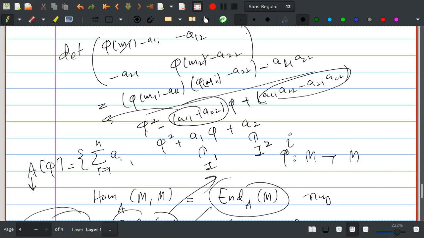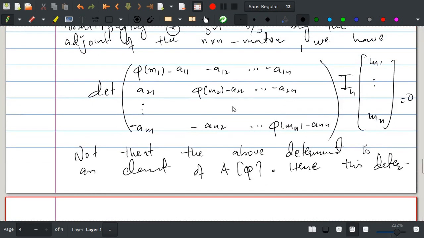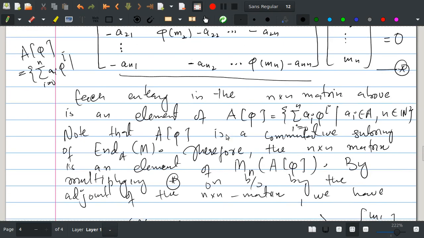Likewise, if I take this matrix to be of order 3 cross 3, then a_i will be an element of I to the power i. In particular, I to the power i is a subset of I. So this proves this determinant trick.